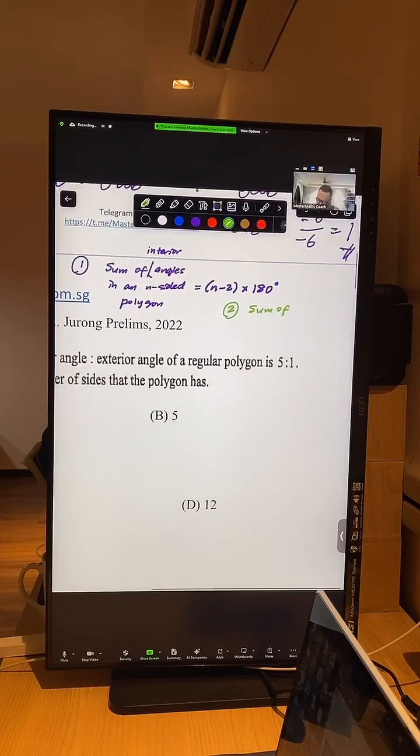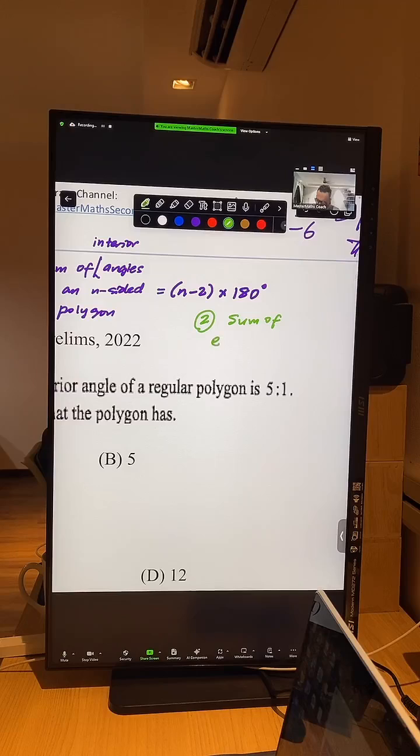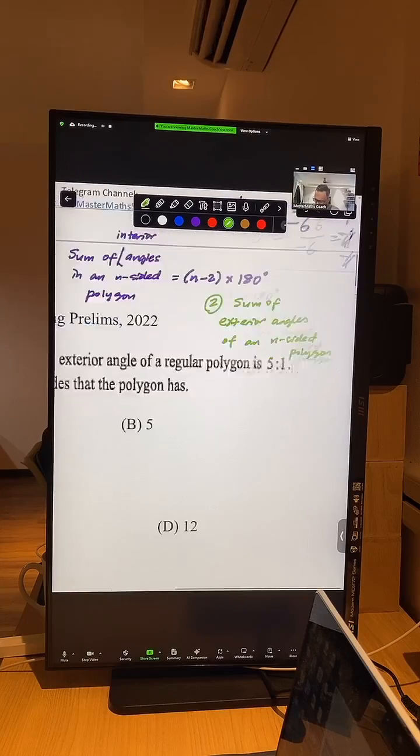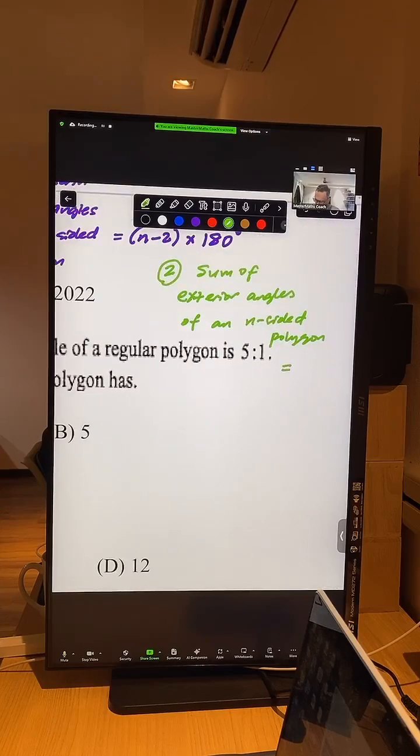Okay, then if we were to take the sum of exterior angles of an n-sided polygon, this will always give us 360 degrees.